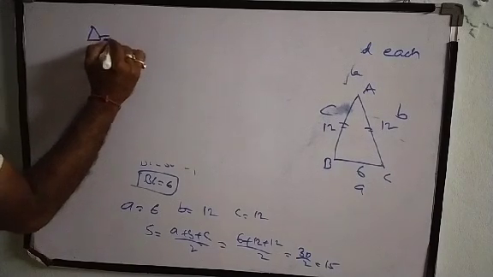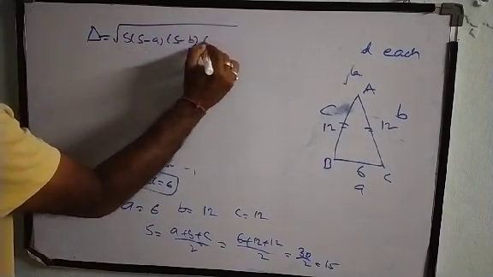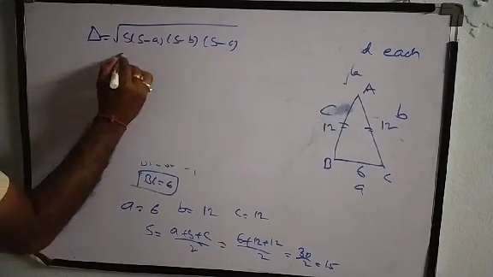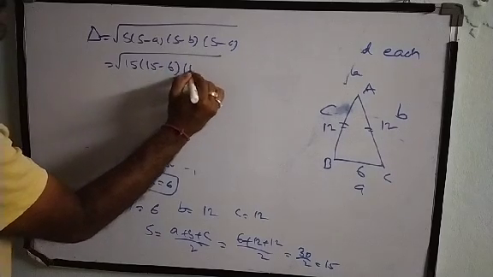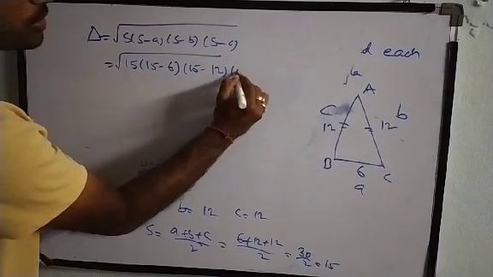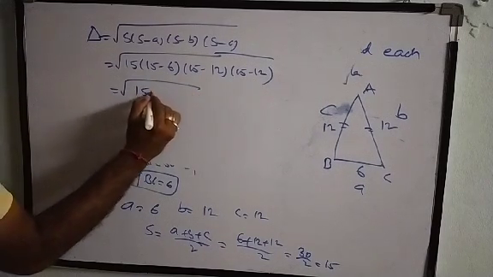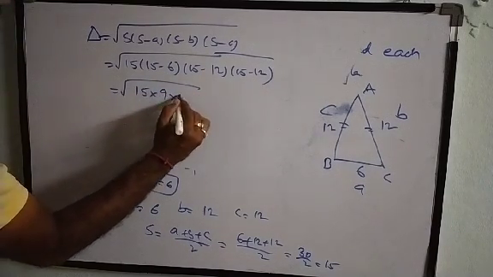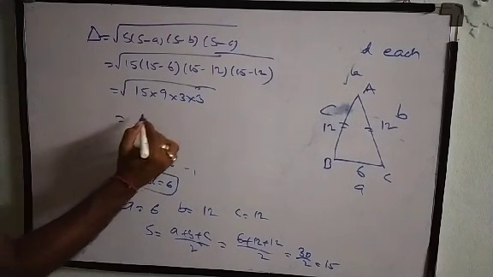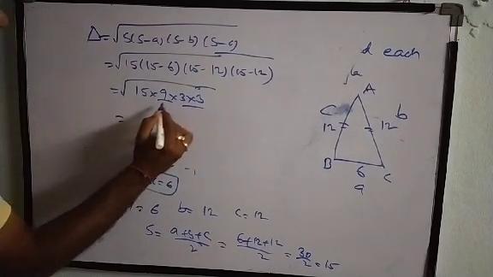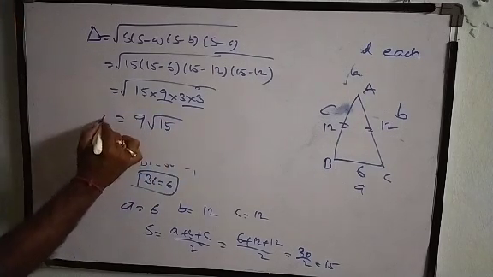So delta is equals to root of s into s minus a into s minus b into s minus c. So root of 15 into 15 minus 6, 15 minus 12 into 15 minus 12. Root of 15 into 9 into 3 into 3. So this will be 3, this will be 3. So 3 3s are 9, root 15. This will be the area of triangle.